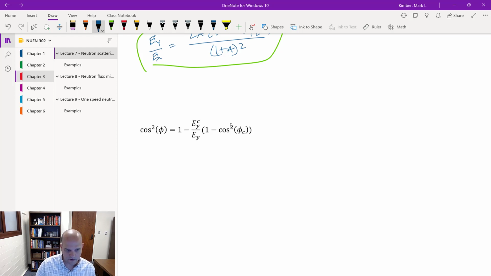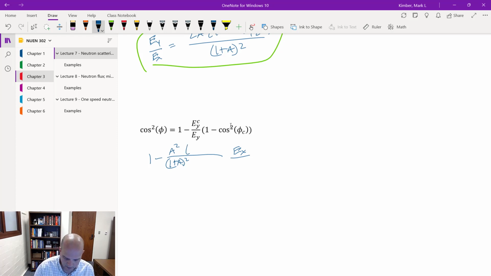I know I have a value for EY in the center of mass reference frame. I have an expression for EY in the lab reference frame. And so this just becomes 1 minus EY in the center of mass reference frame, which was a squared over 1 plus a quantity squared. And I'm going to have an EX over here. That's my EY C. My EY is going to be equal to 1.